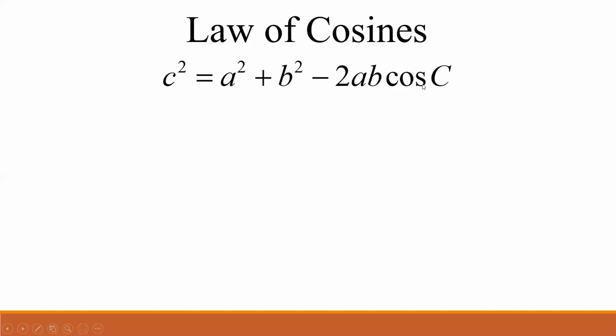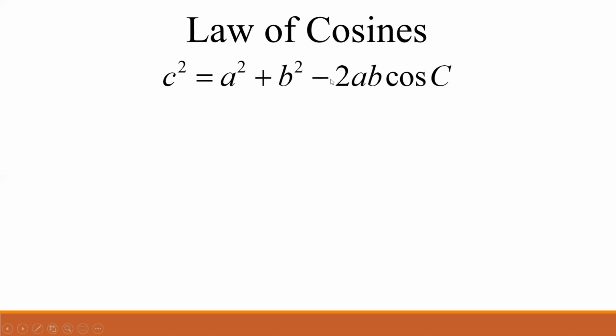Now, I will add a link to a proof of the law of cosines, because it turns out it really is a stronger case of the Pythagorean theorem. No longer do we need a right triangle. If you remember your unit circle, if we have a right triangle and that opposite side there is c, and that's where the right angle is, we know the cosine of 90 degrees is 0.